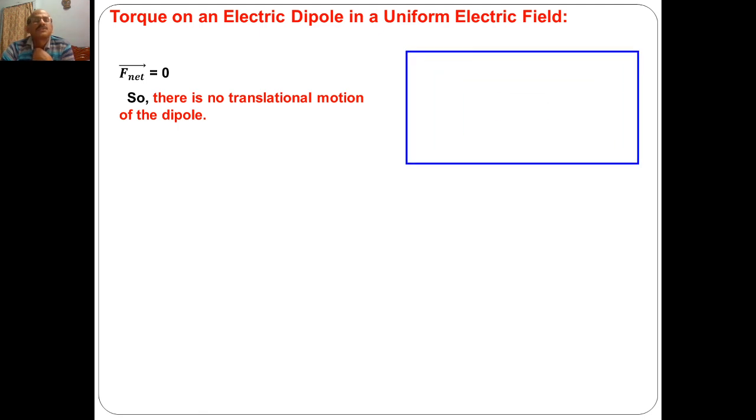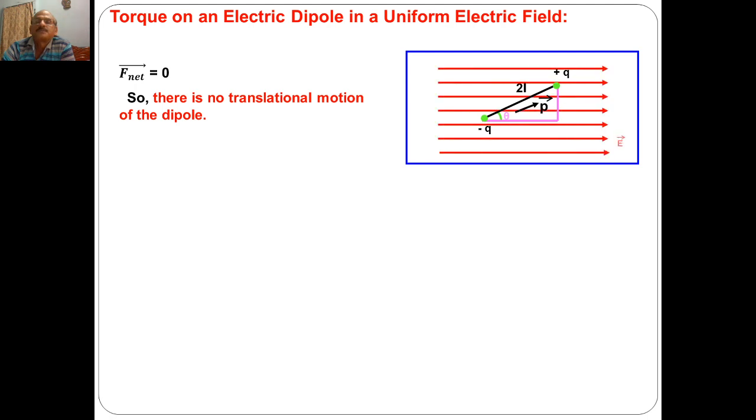Now we will discuss a dipole in uniform electric field. Let a dipole of length 2L be placed at angle theta in the electric field.